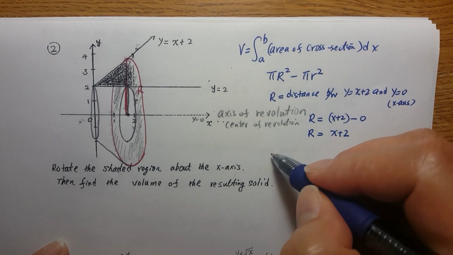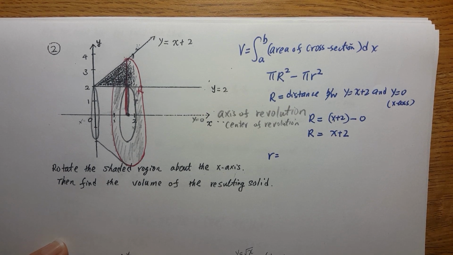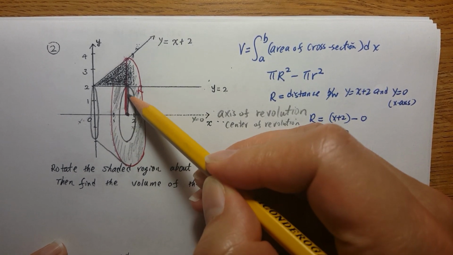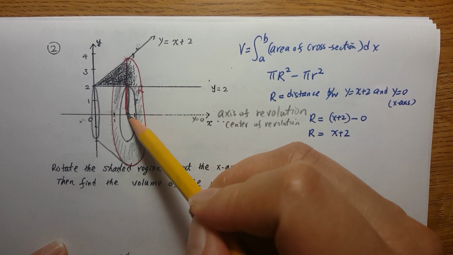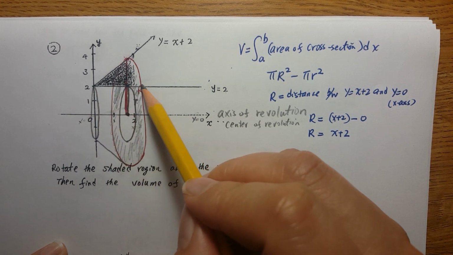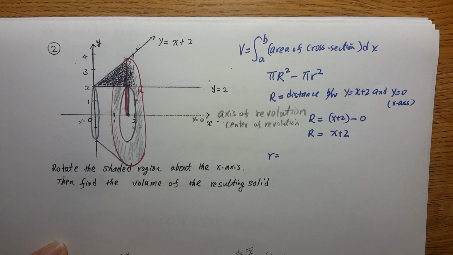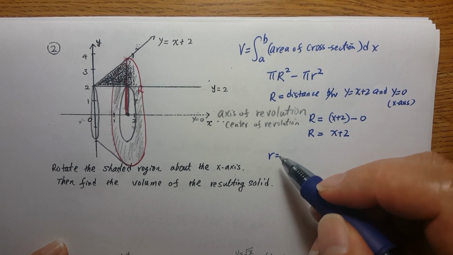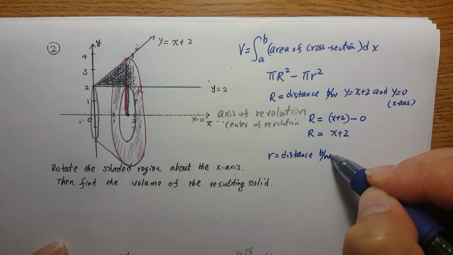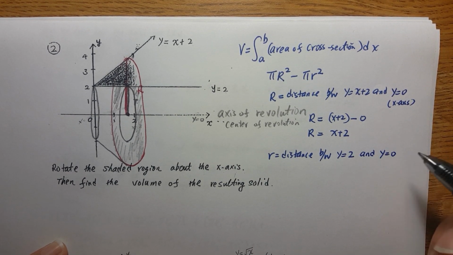Now the small r is going to be the one in dark color. It's between the x-axis and the inner function over here. So the small r is the distance between y equal to 2 and y equals 0.